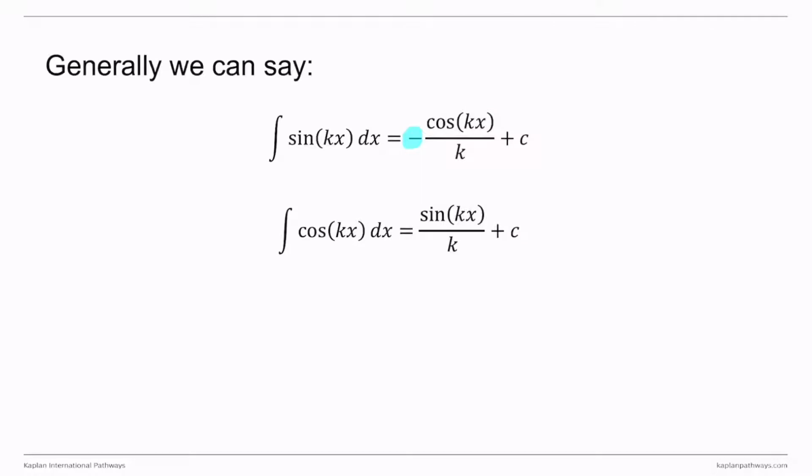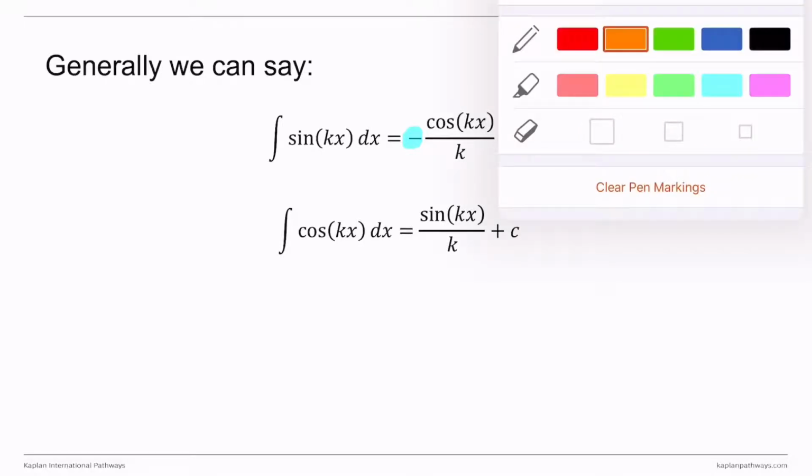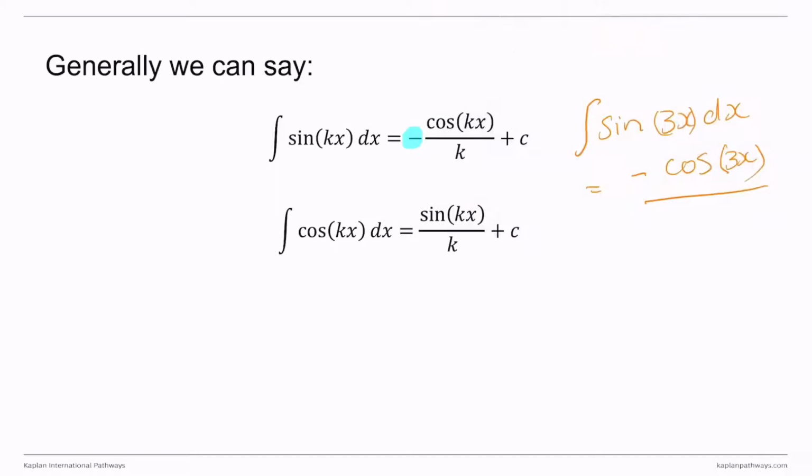For example, integration for sine 3x dx: the integration of the sine is minus cosine, and the angle you put as it is, 3x, and then we divide by 3, which is the derivative of 3x, and then don't forget the c. C is very important. You will lose 1 mark, I think, in the exam if you forget to put it.